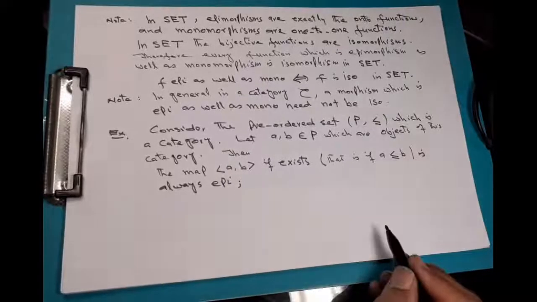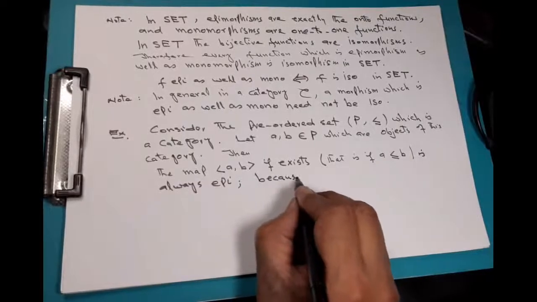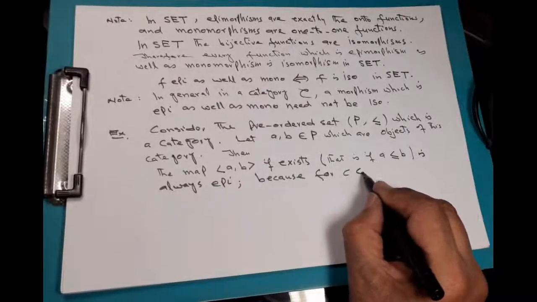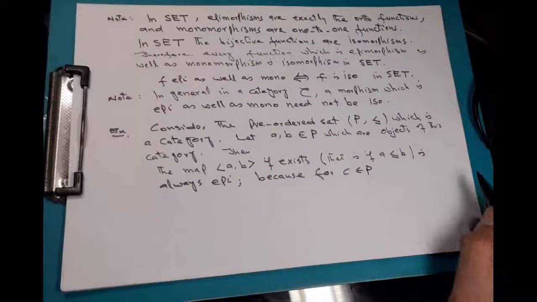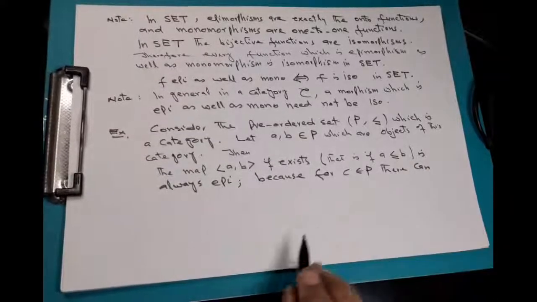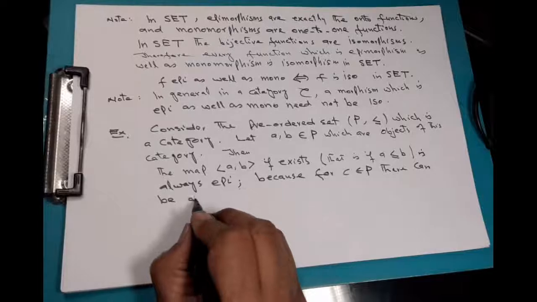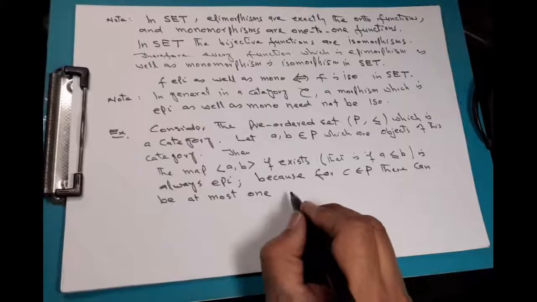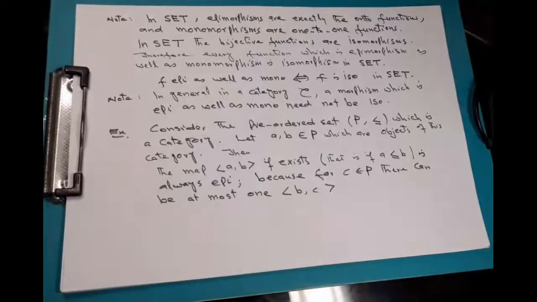Now the reason for this is because for an object C, which is in fact an element of pre-ordered set P, there can be at most one arrow from B to C. Let me say it again.